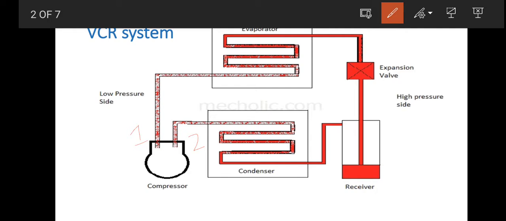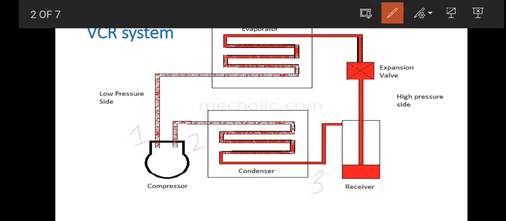After that it will be supplied to the condenser, that means process 2 to 3. In this process the condensation of the refrigerant gas takes place, that means it will be converted into liquid form at constant pressure and constant temperature.